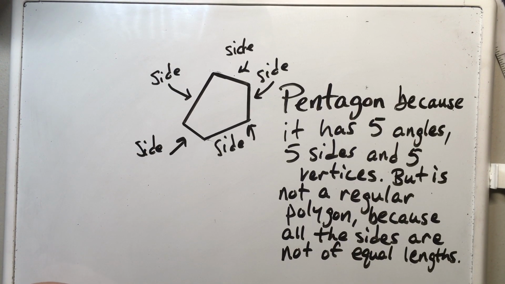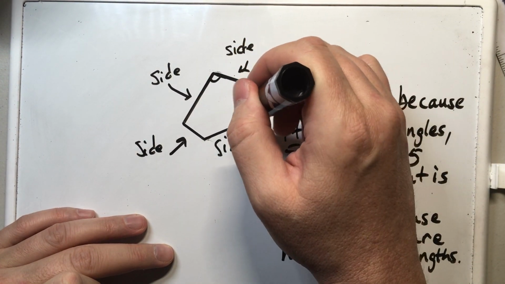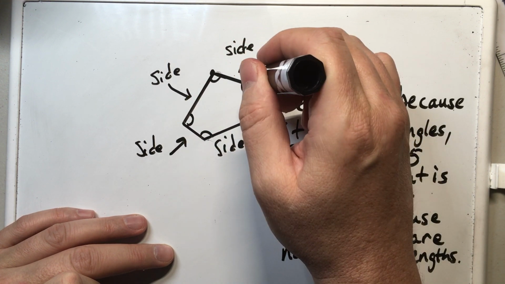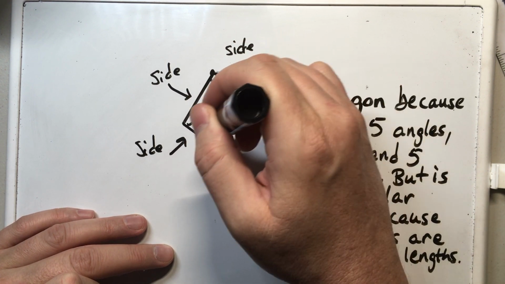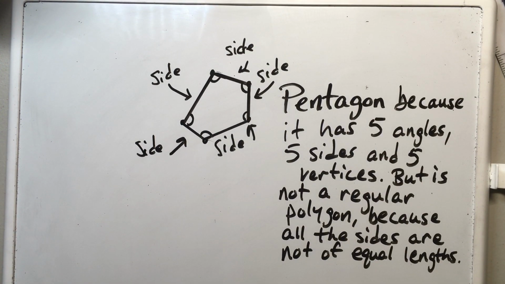Doesn't mean it's not a pentagon, it's still a pentagon. It just means that it's not a regular pentagon. And then we have 5 angles in here. And then 5 vertices. It almost kind of reminds me of a base in baseball, like one of the bases.